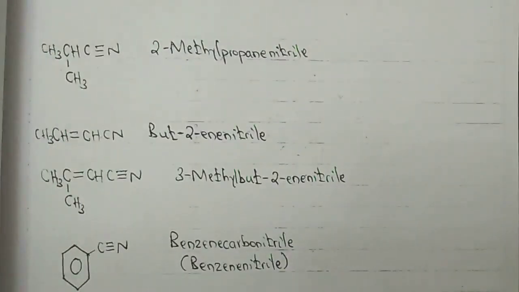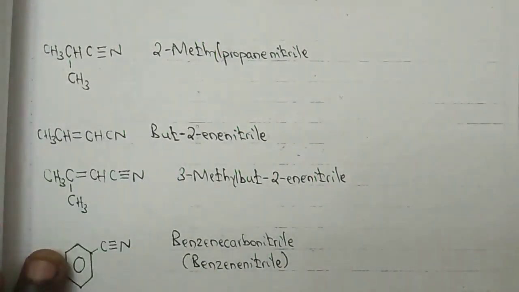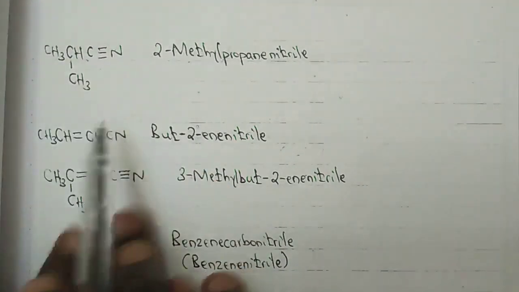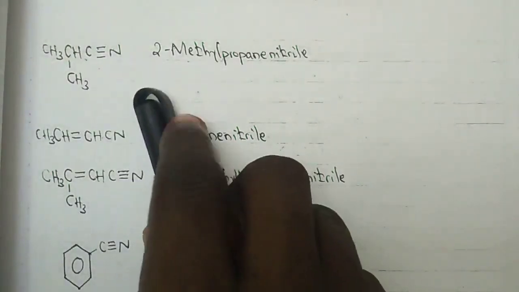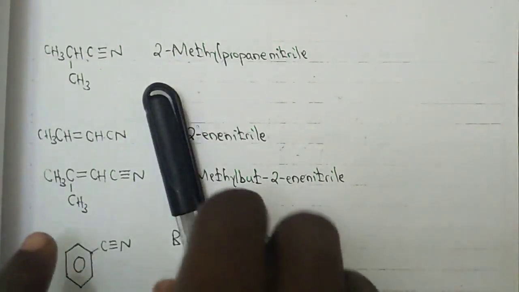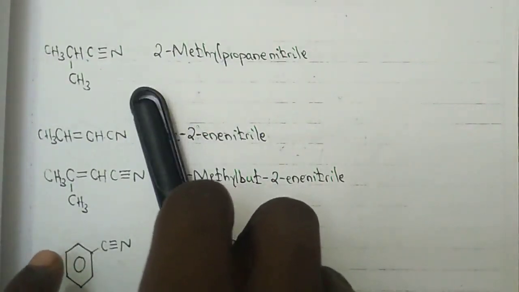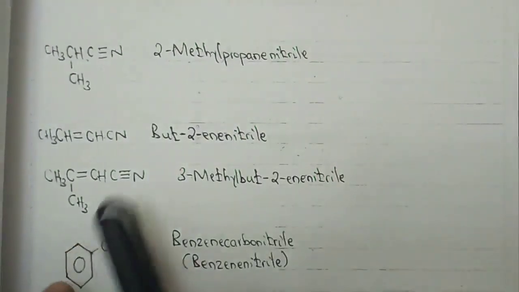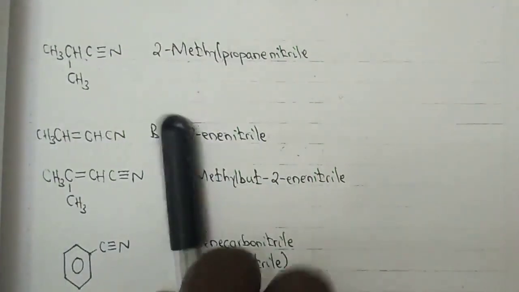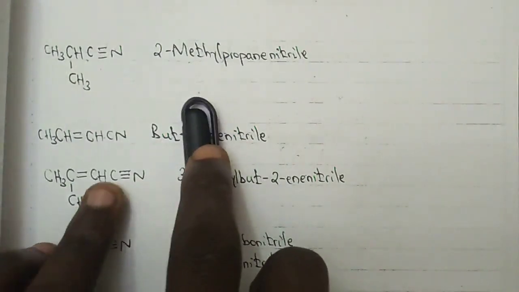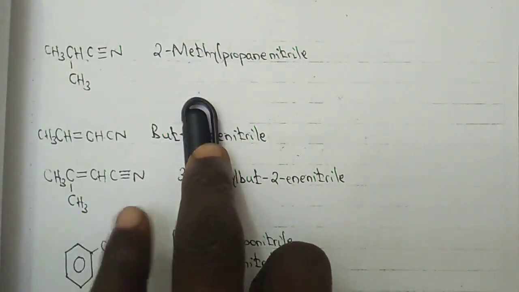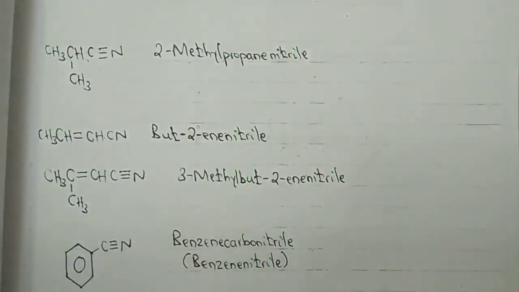Unaona hapo tunazo different compounds. Unaona we have 2-methylpropanenitrile, carbon ya pili kuna methyl. Tunaanza count 1, 2. Huyu atakuwa ni but-2-enenitrile, kwa sababu kuna double bond katika carbon ya pili. Hii hapa ni 1, 2, 3, so it's 3-methylbut-2-enenitrile.